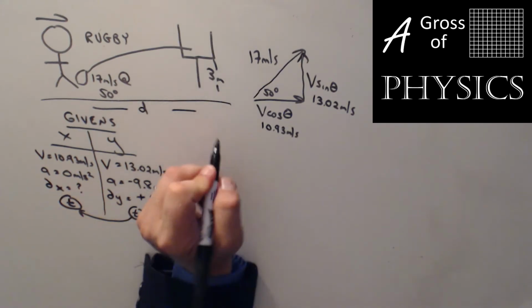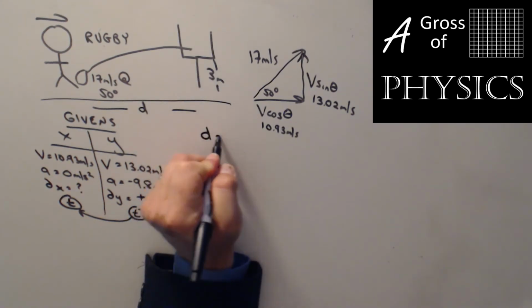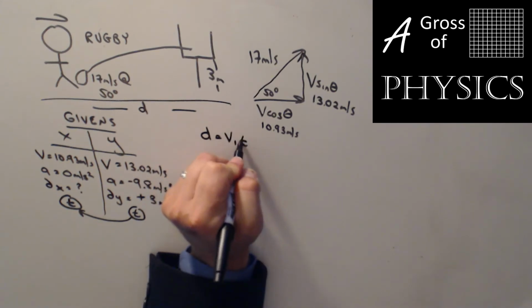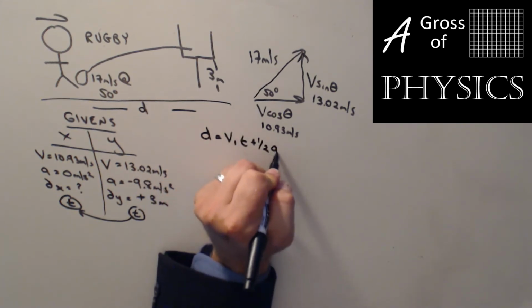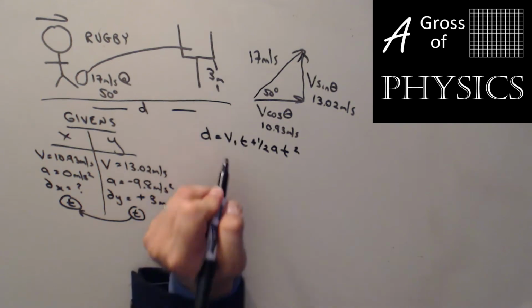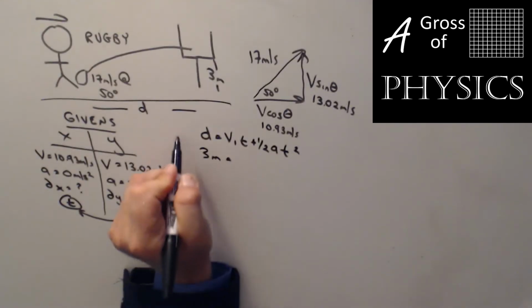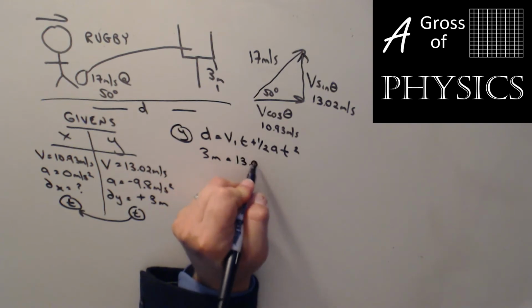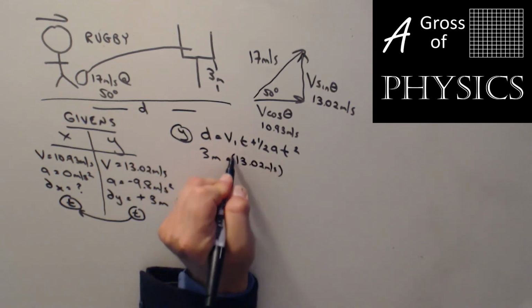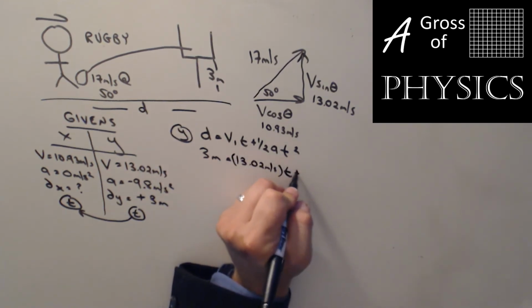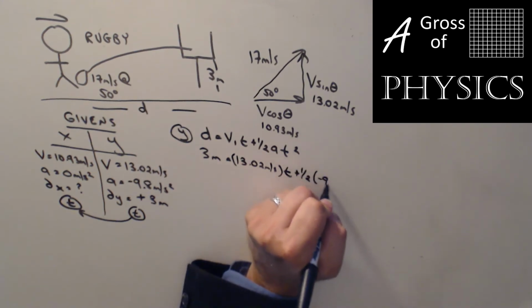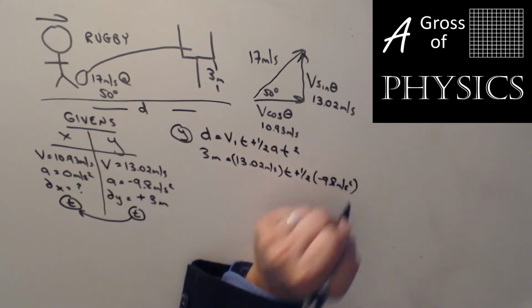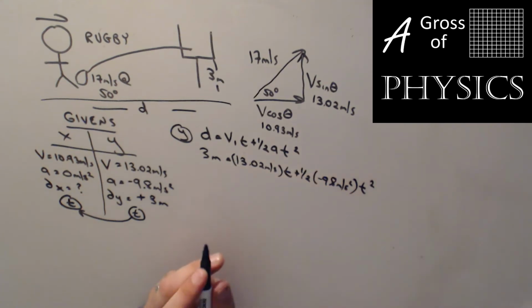Now, this looks like it's going to involve a quadratic. D equals v_i t plus 1/2 a t squared. 3 meters equals, and this is the y direction first, 13.02 meters per second times t plus 1/2 times minus 9.8 meters per second squared times t squared.